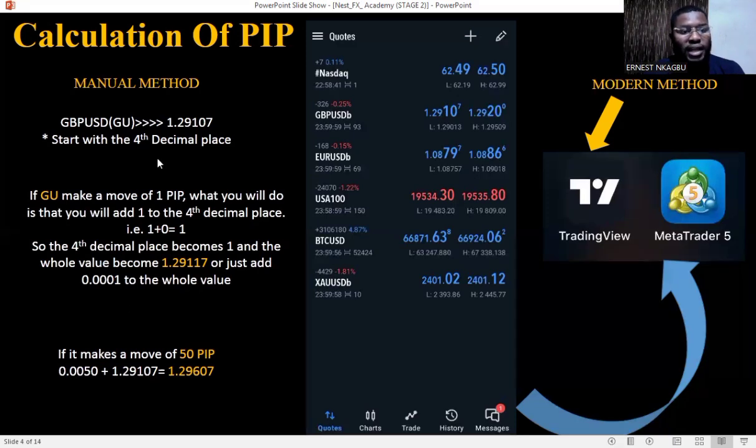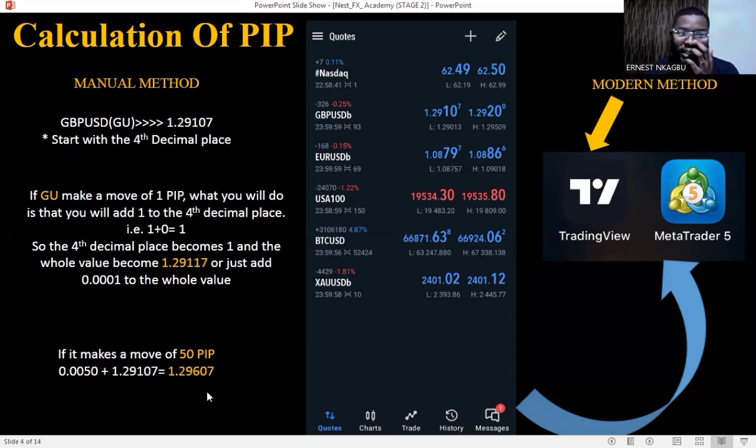When you add this, it's going to give you 1.29607. You can set this as your TP, your take profit, and set the other as your entry.